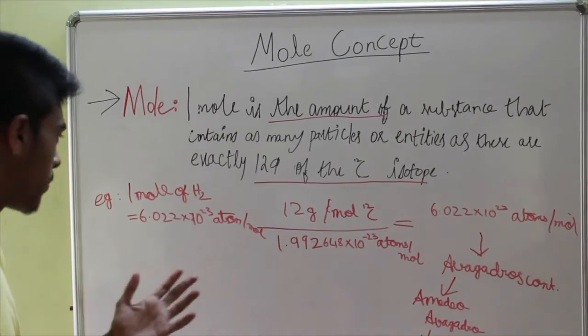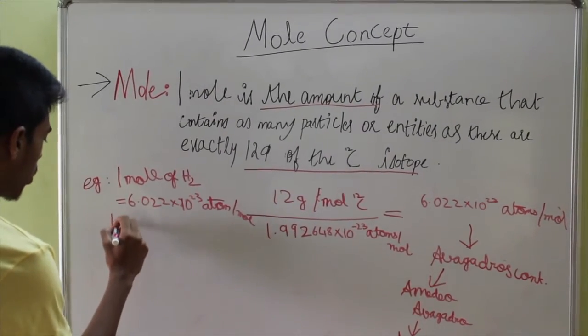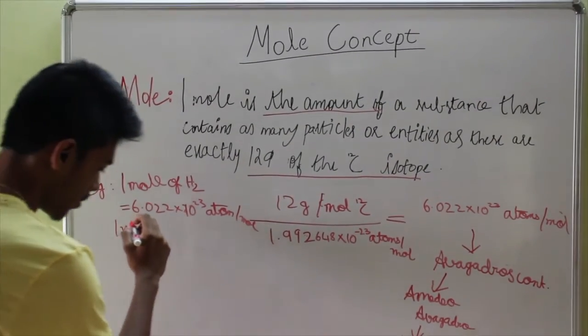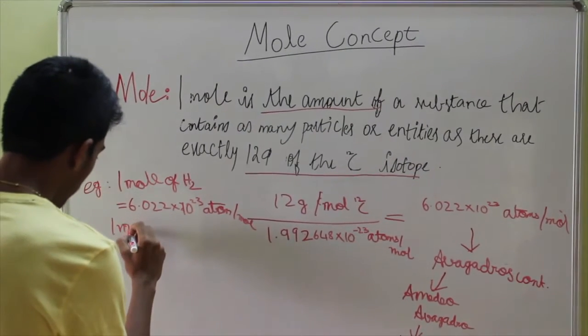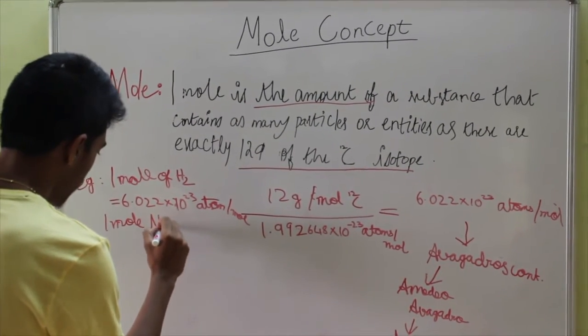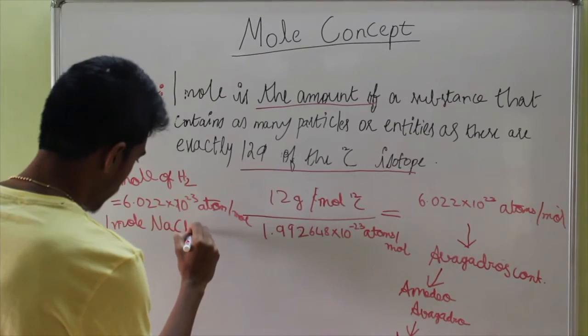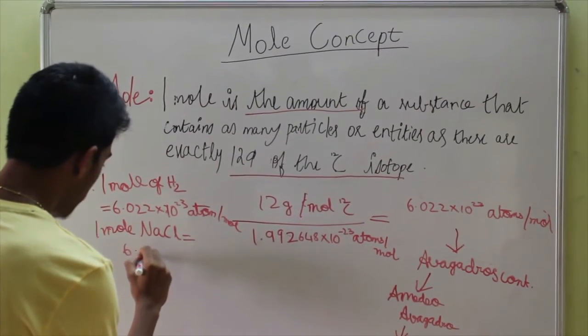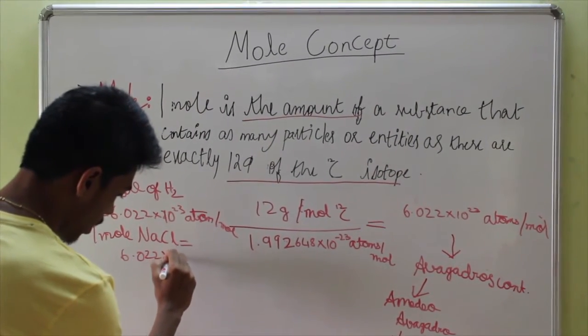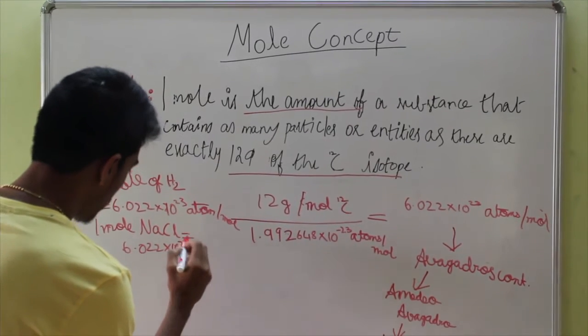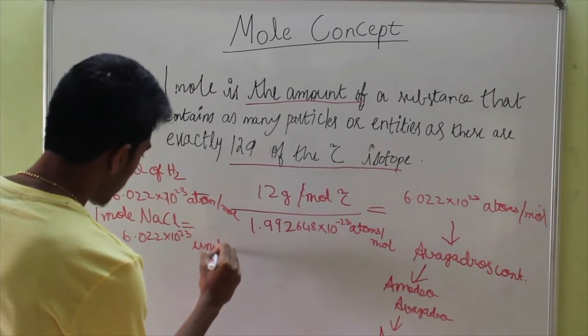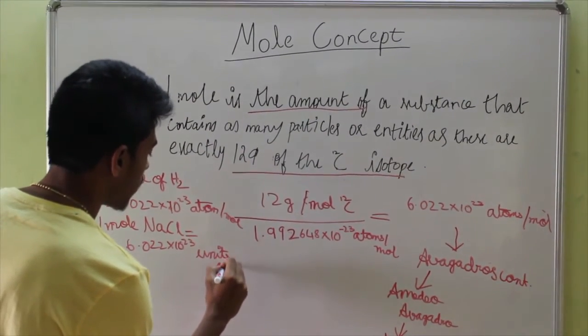Again, taking another example, one mole of NaCl will again have 6.022 into 10 to the power of 23 units of NaCl.